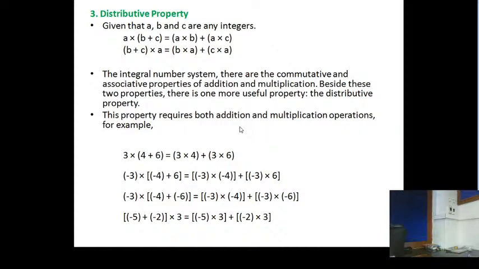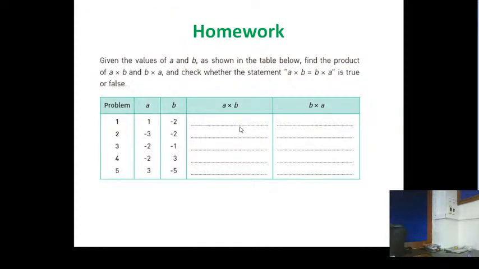Okay, done. Okay, now next, this is not the homework. Let's say we have A multiplied by B, B multiplied by A, right? So what is the answer here? Minus 2, minus 2. And which property is it?